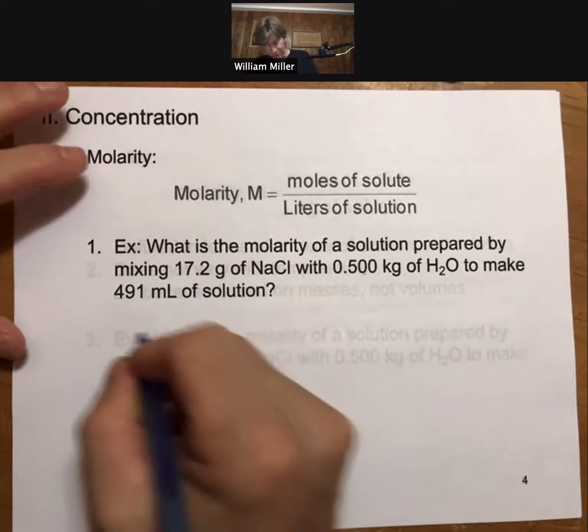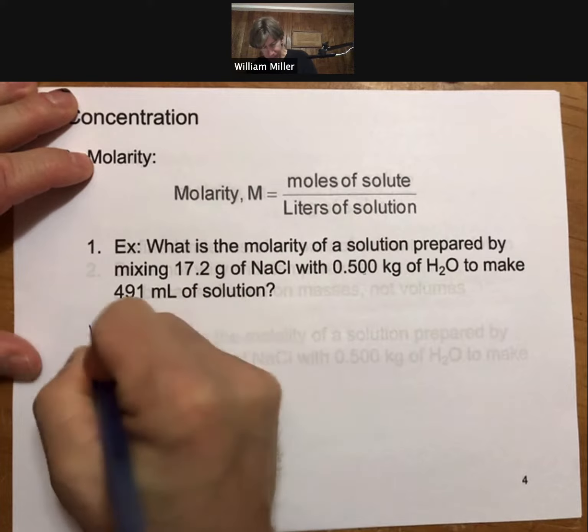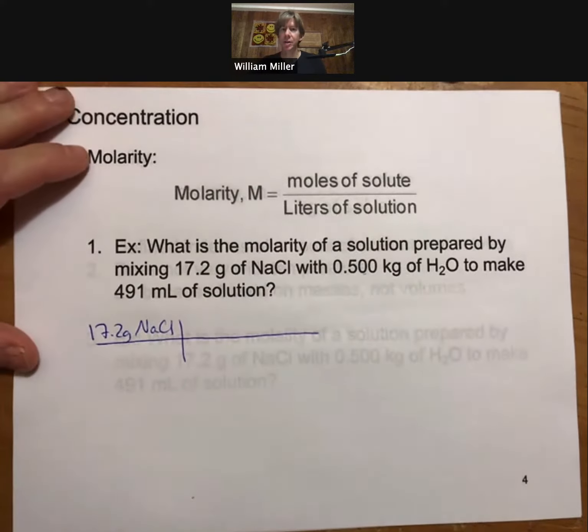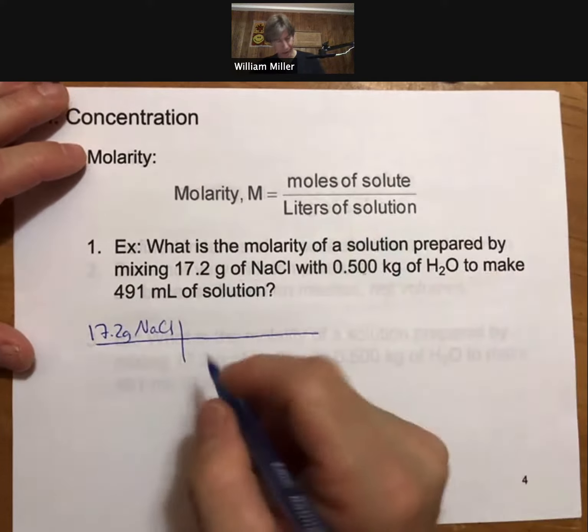To do this, of course, we take our 17.2 grams of sodium chloride, convert it into moles, then we'll have our moles, and we'll convert our milliliters into liters.